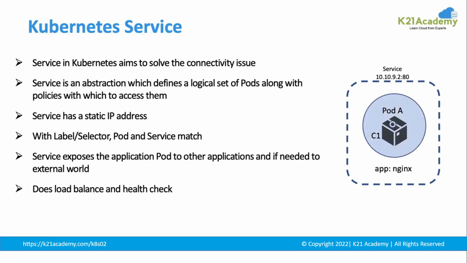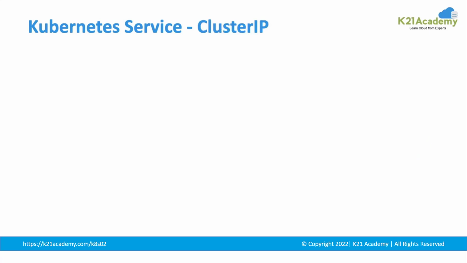Let's see, if the pod goes off and comes back, it will retain the same label. And with that label, the service identifies the pod's new IP address and can send the packet. Now let's understand there are different types of services, depending on whether I want to expose my application within the cluster or outside the cluster. I can classify my service into different categories.